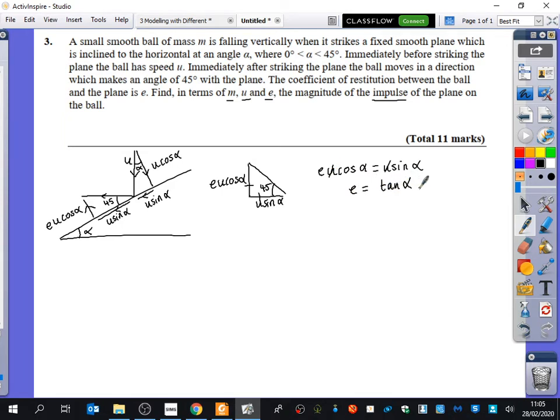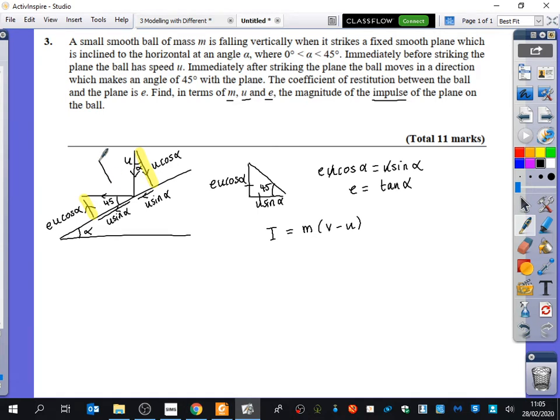Okay, we're now going to try and work out what the impulse is. We're talking about the ones in this direction, because obviously there's no impulse that changes these ones that we've got here. So the impulse is m(v minus u), and we're looking at the magnitude of the impulse of the plane on the ball.